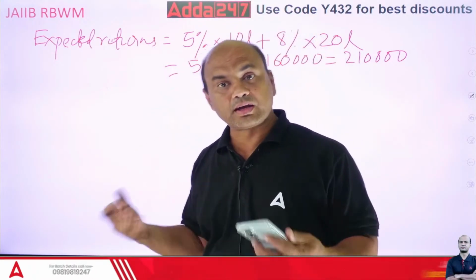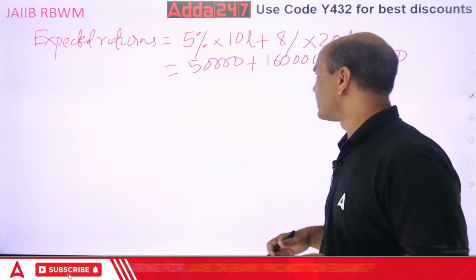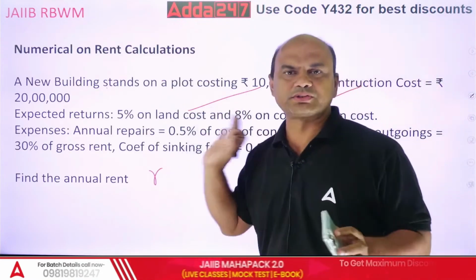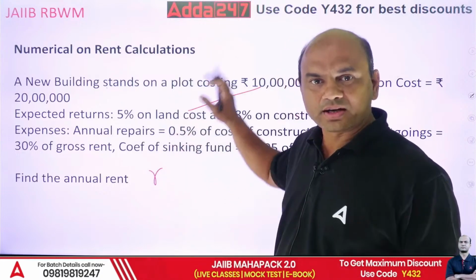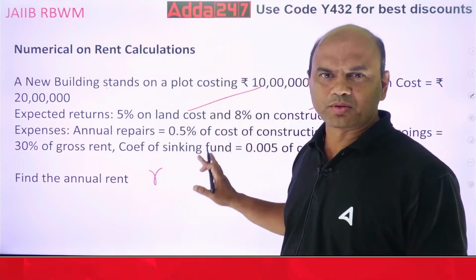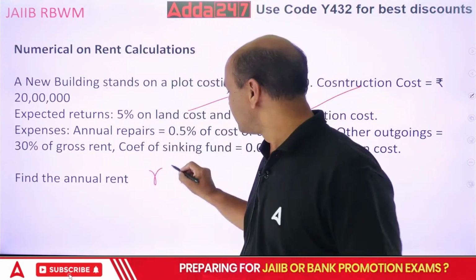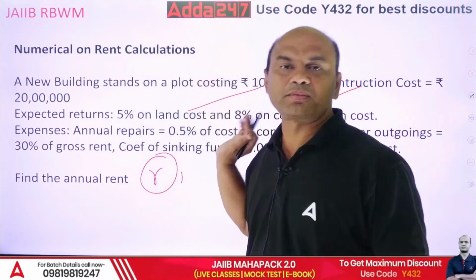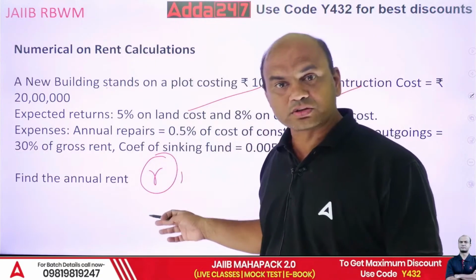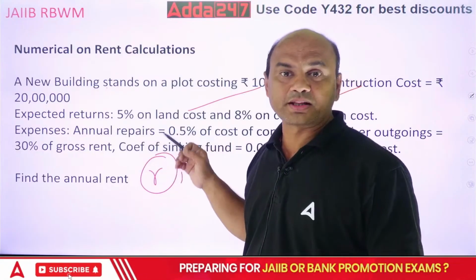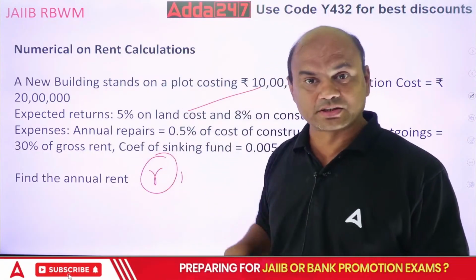Now what am I getting? See, I want that 2 lakh 10,000. But what am I getting? I am getting only R. This is my returns. This is what I am getting. And from this, all these expenses are going out. So what are the expenses? Let's calculate the expenses now.